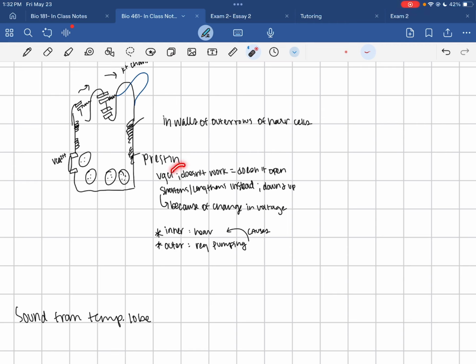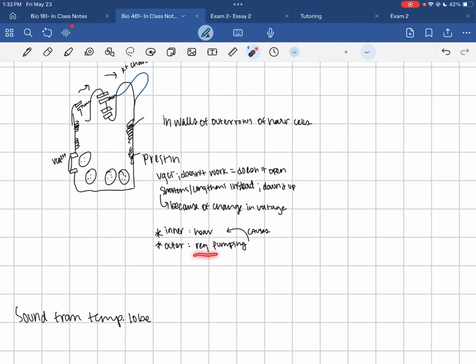And then Prestin, which has voltage gated calcium chloride channels, they were talking about it in class and in tutoring, how through evolution they stopped working, so it doesn't open. So these are just hanging out right there, but what it'll do is shorten here, like a sarcomere, because of the change in voltage.